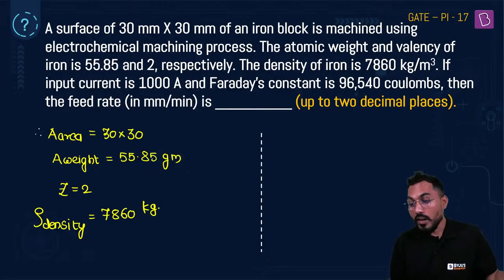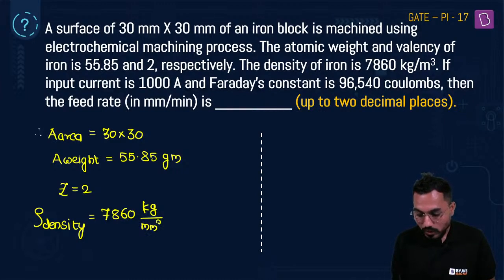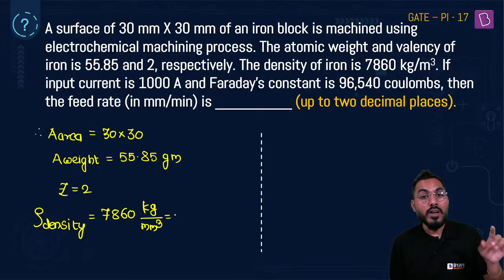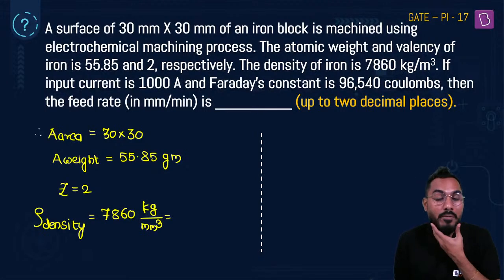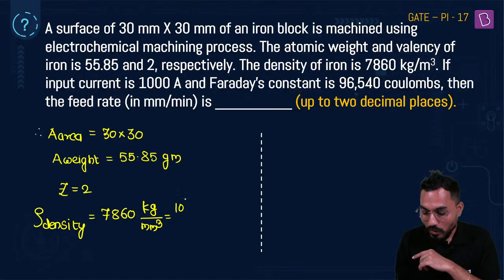But this is kg per meter cube. What do I require? It has to be in terms of gram per mm cube. How many grams? 1000, that is 10 to the power of 3.